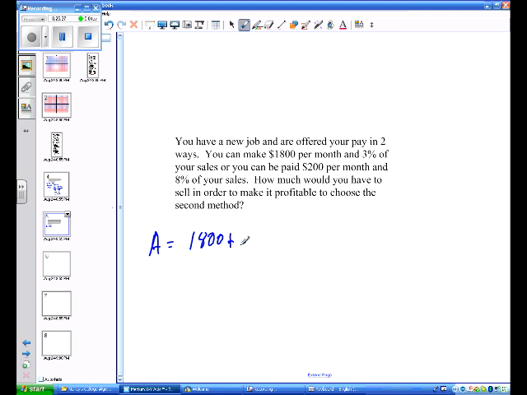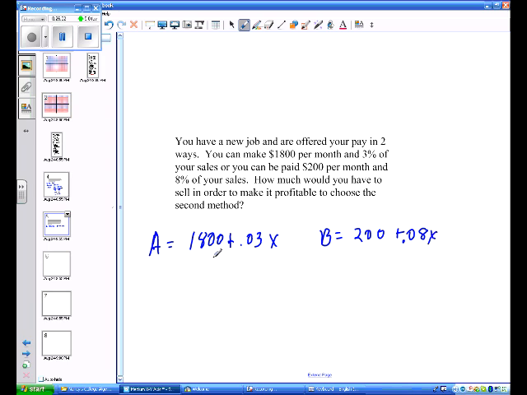Now remember, to do a percent, we have to change it to a decimal, so that's going to be 0.03 x. And x is going to be our amount of sales. For the second one, we're going to call it B. And you're going to be paid $200 per month plus 8% of your sales.